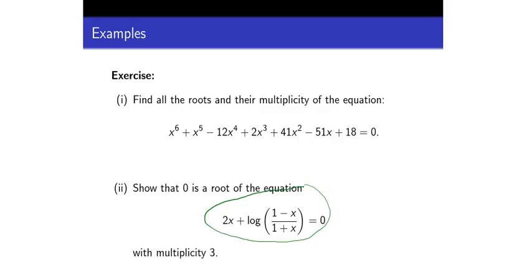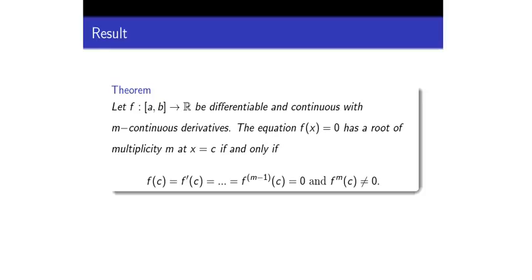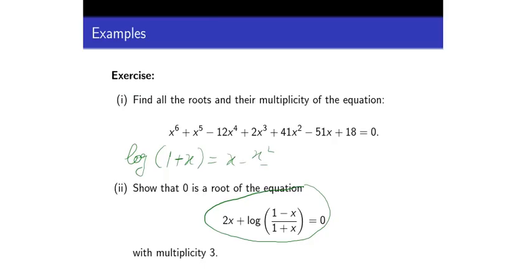So you can rewrite. Now you're going to use the fact that log of 1 plus x is equal to x minus x square by 2 plus x cube by 3 minus x power 4 by 4 plus and so on.